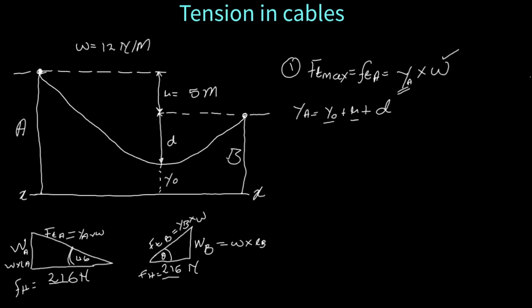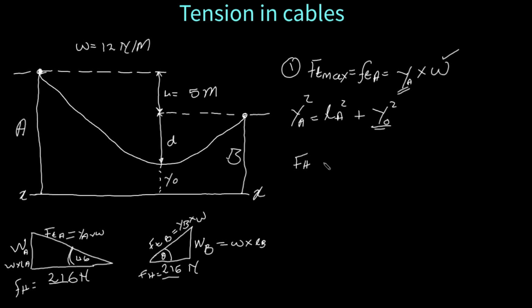So for now, I'm going to use another formula to calculate the value of YA, which is YA equals the length of the cable on the A side, which is from the turning point to the top of support A, squared, plus YO squared. We said we can get this value. Let's start by calculating it.